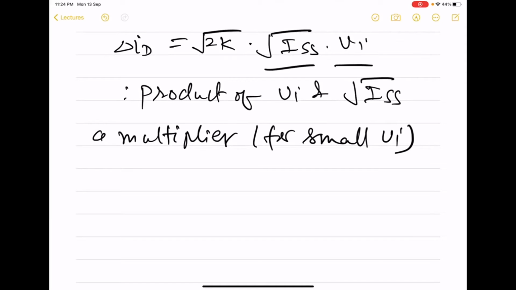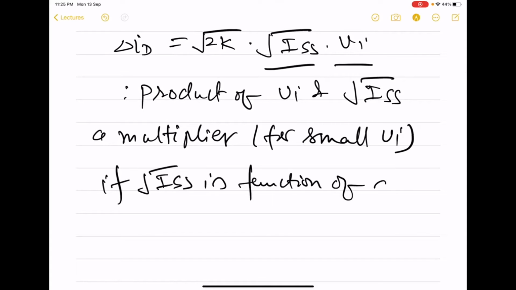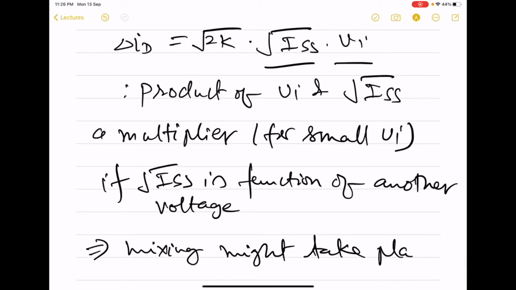But then if we want this to be a mixer, then in that case, square root of ISS should be proportional to another voltage. So if square root of ISS is function of another voltage, then we can say that mixing might take place.